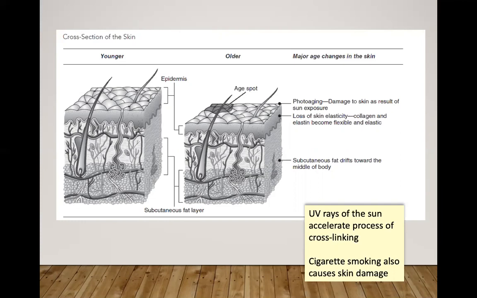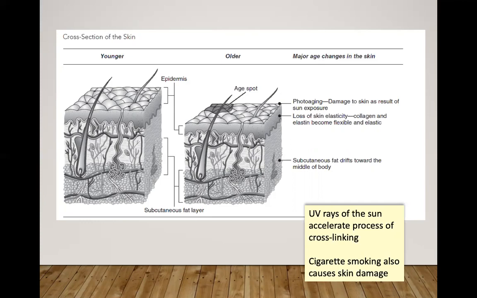Within the loss of skin elasticity, we have collagen and elastin under our skin. While we're younger, it's supple, it's flexible, it springs back, it does what it's supposed to do.